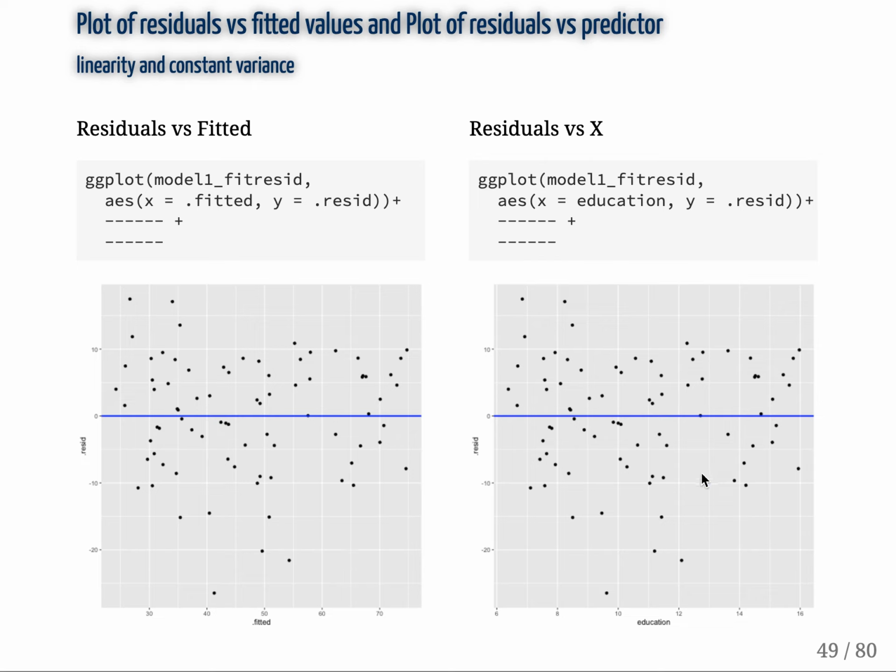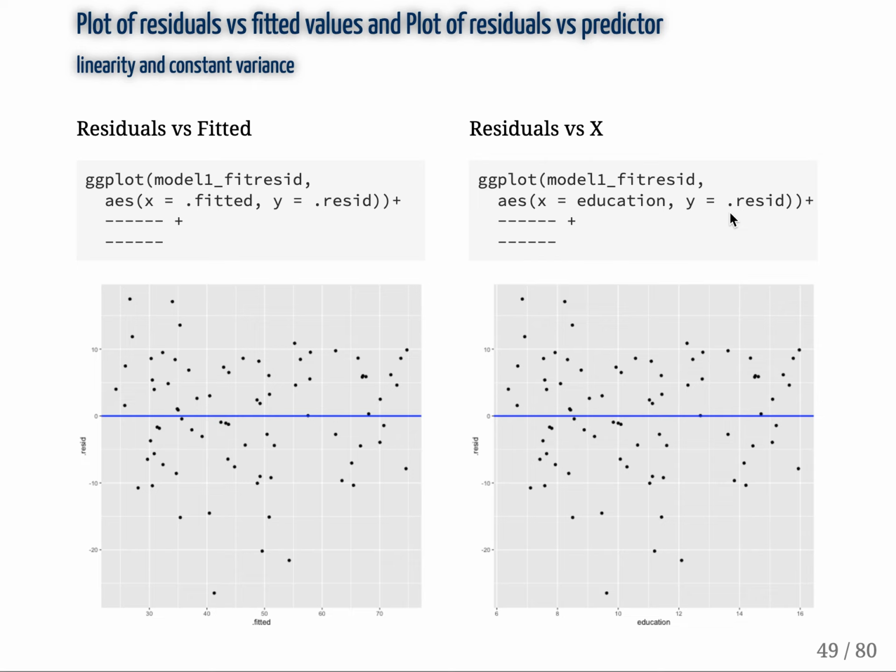Here I plotted residuals versus predictor, that's education in this example. X is education and Y is resid. Plotting the residuals against each of the predictor variables is also useful.